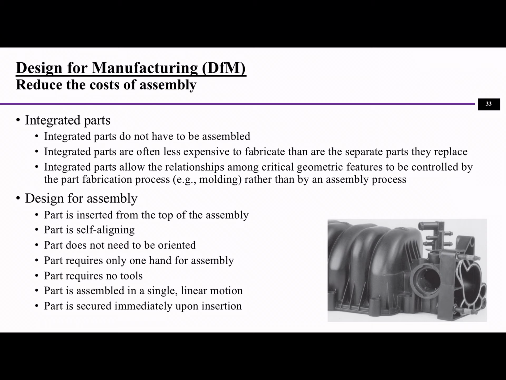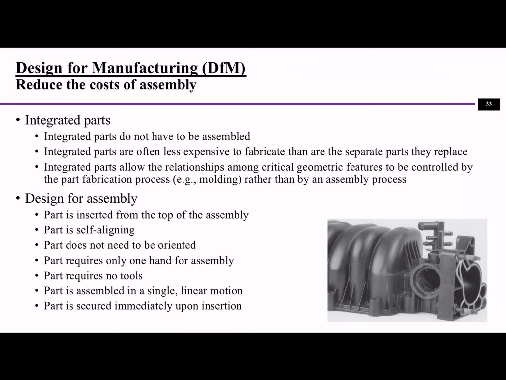Next one is reduce the cost of assembly. Because assembly also has a lot of costs related to it, if you can reduce the assembly steps, it means you are actually reducing the cost, right? So one way is to use integrated parts, as I just mentioned, using one whole part or combining several sub-assemblies.